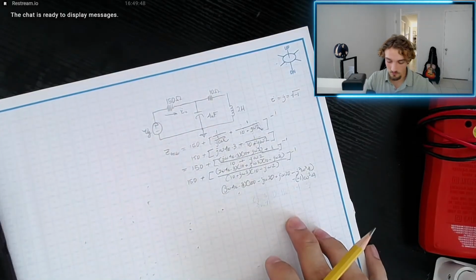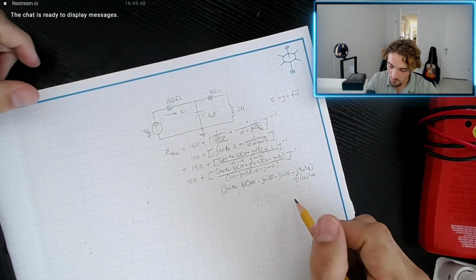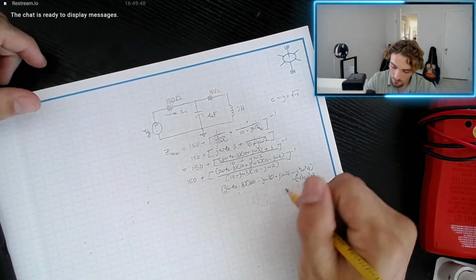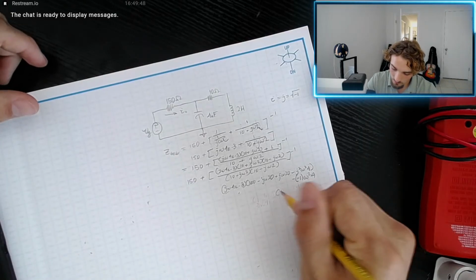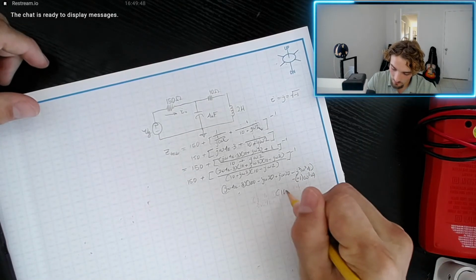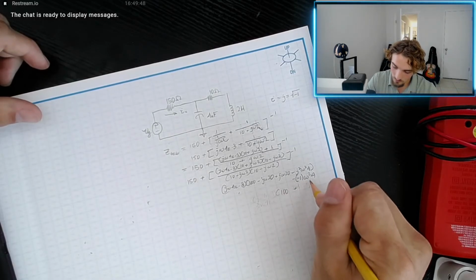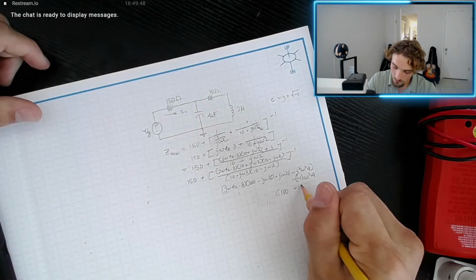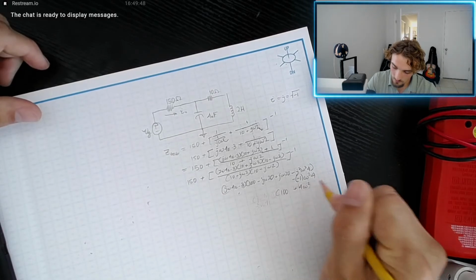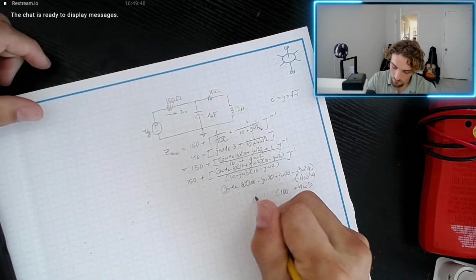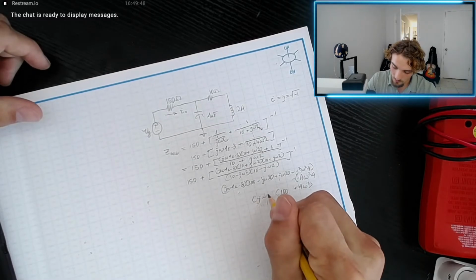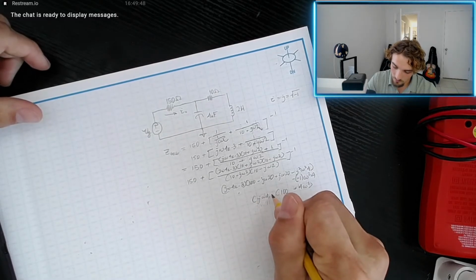So, my phone's gonna die. I erased stuff. That's okay. What it was, 100, that's gone, yeah. 100 plus 4 omega squared multiplied by j omega.